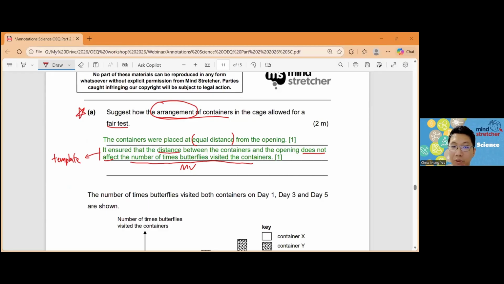The butterflies will have to go to one first. Charlotte, to answer your question, when there is a forces question, can you use energy to help answer? It is possible. In a recent PSLE paper, there was a question.